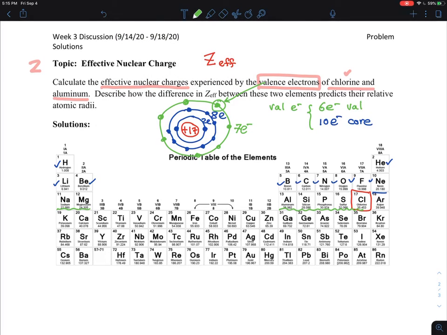You have 17 electrons total, but we are talking about one of them. I'm counting in a different way; this is a little bit new to me, the way it's being counted.